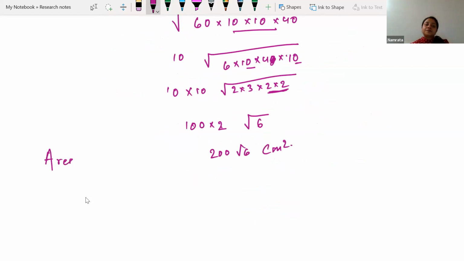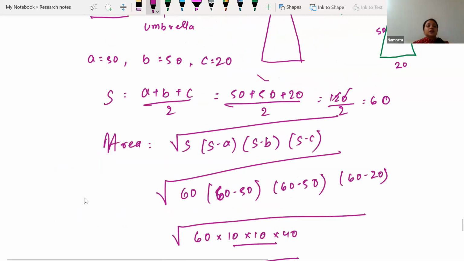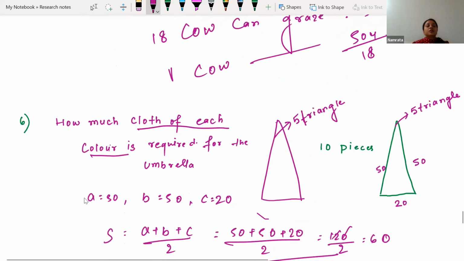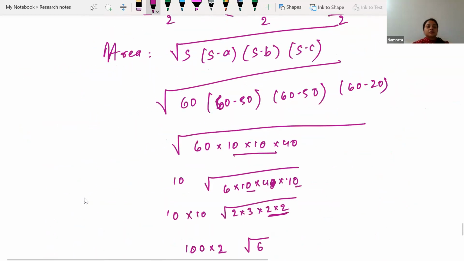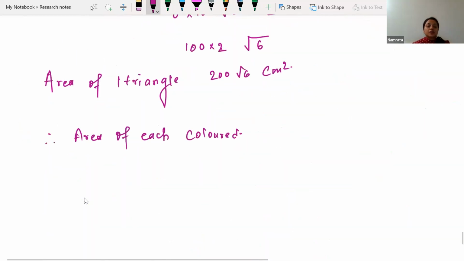Area of one triangle. We have to find here the area of 5 triangles. Therefore, the area of the cloth of each color required for the umbrella.